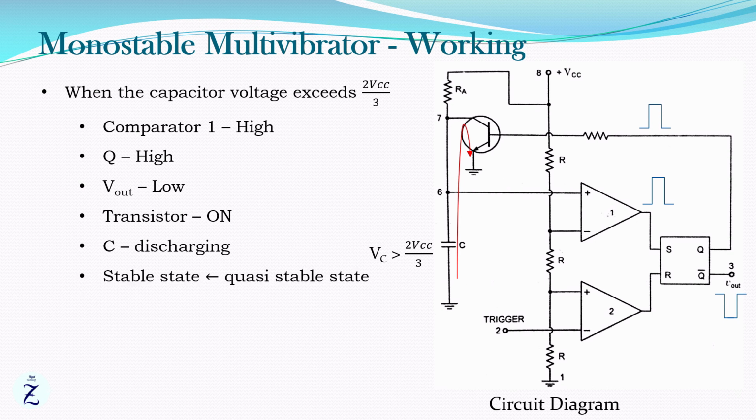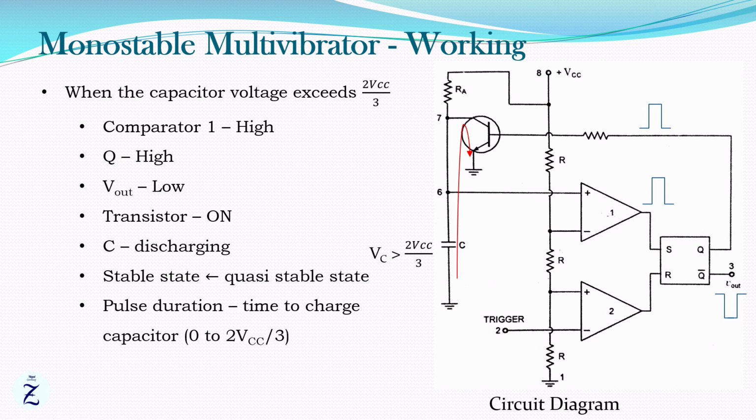Thus, the output returns back to the stable state from quasi-stable state. The output of monostable multivibrator remains low until a trigger pulse is again applied. This is how the pulse is generated in monostable multivibrator. Here, the pulse width depends on the time required to charge the capacitor from 0 to 2 VCC by 3. In other words, the time constant Ra into C controls the width of the output pulse.